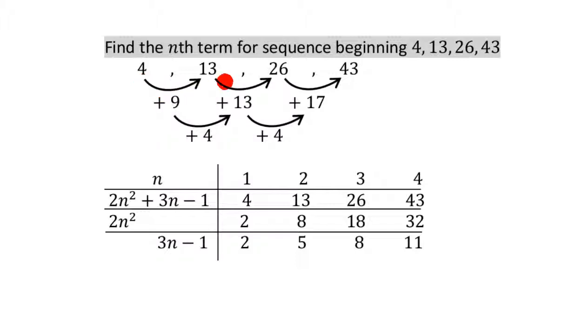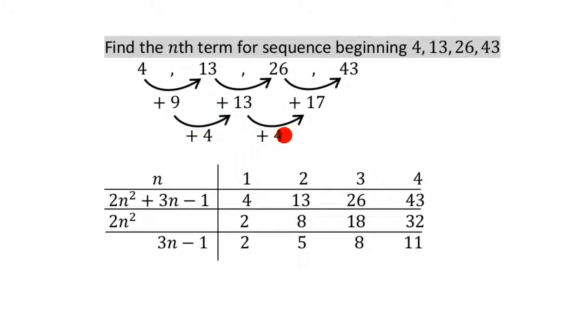The difference between 4 and 13 is 9, the difference between 13 and 26 is 13, and so on and so forth. And the difference between these differences is 4. Basically you keep getting 4. You've got a common difference between the differences, and that tells you you have a quadratic number pattern.